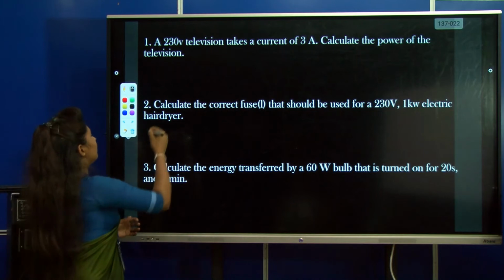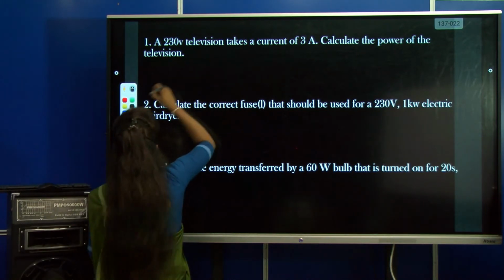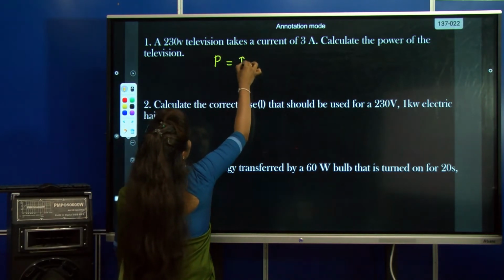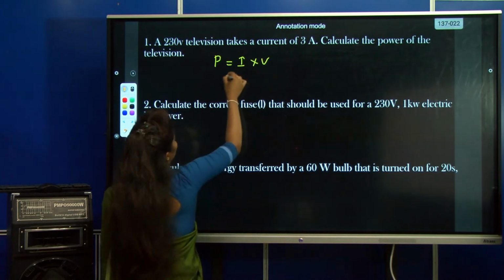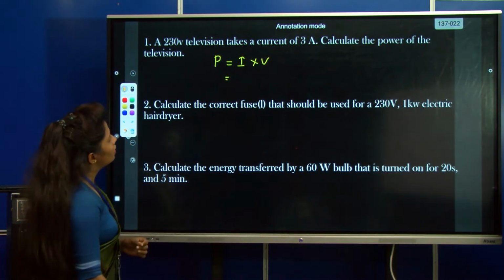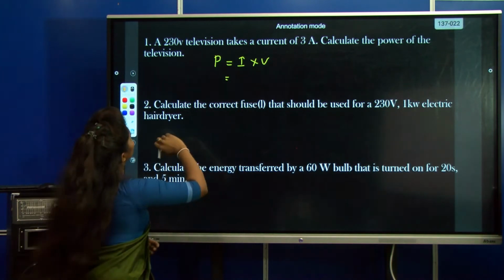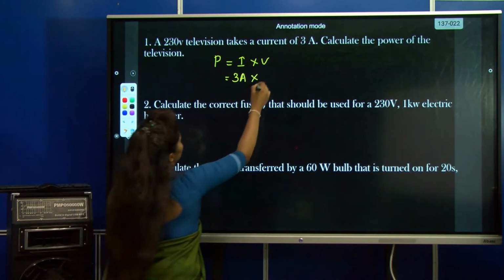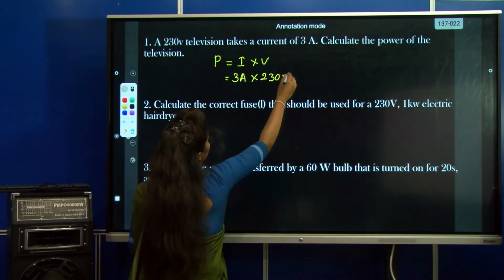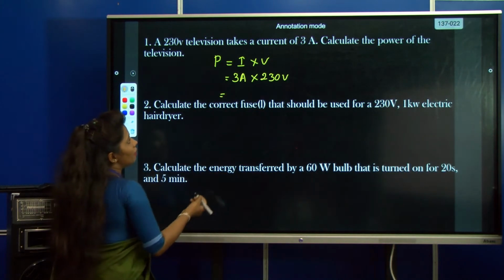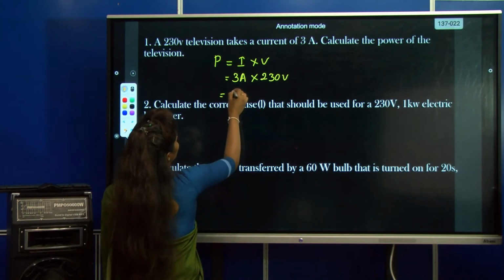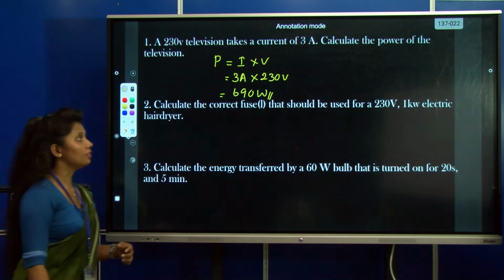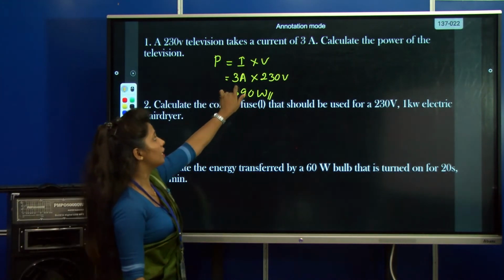So, here we are using the formula P equals I multiplied by V. The current is 3 amperes, voltage is 230, and we will get the power as 690 watts. This is how we have to do the calculation.